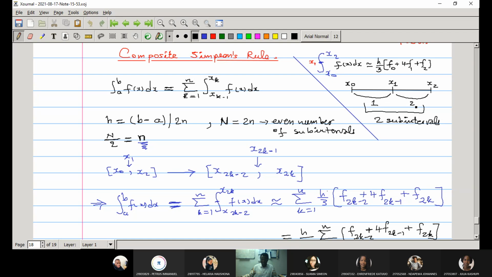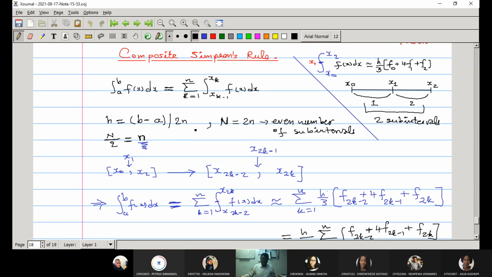Now for the composite, obviously we will partition our interval, but the number of sub-intervals should be even, so that we can take two consecutive sub-intervals to define the rule. Always bear in mind that when you apply Simpson rule, the number of sub-intervals has to be even.